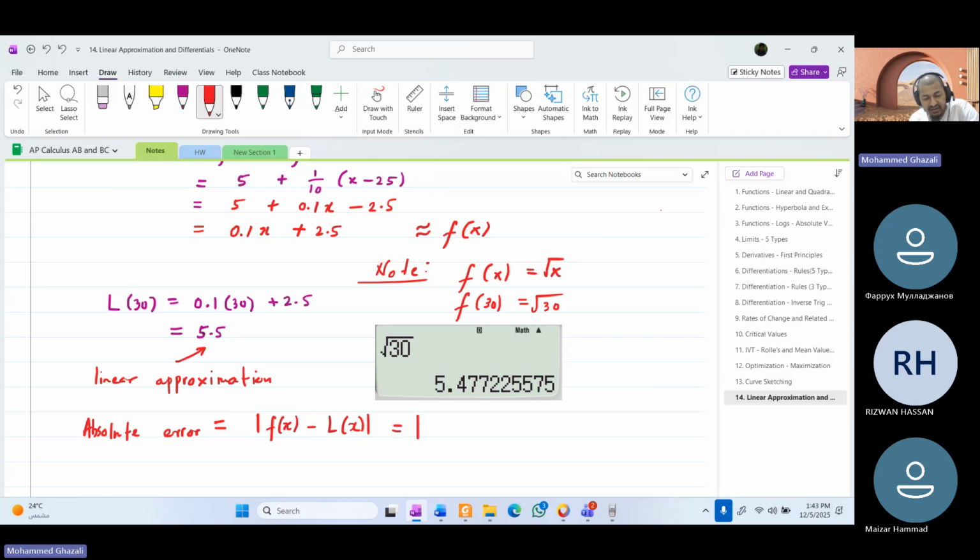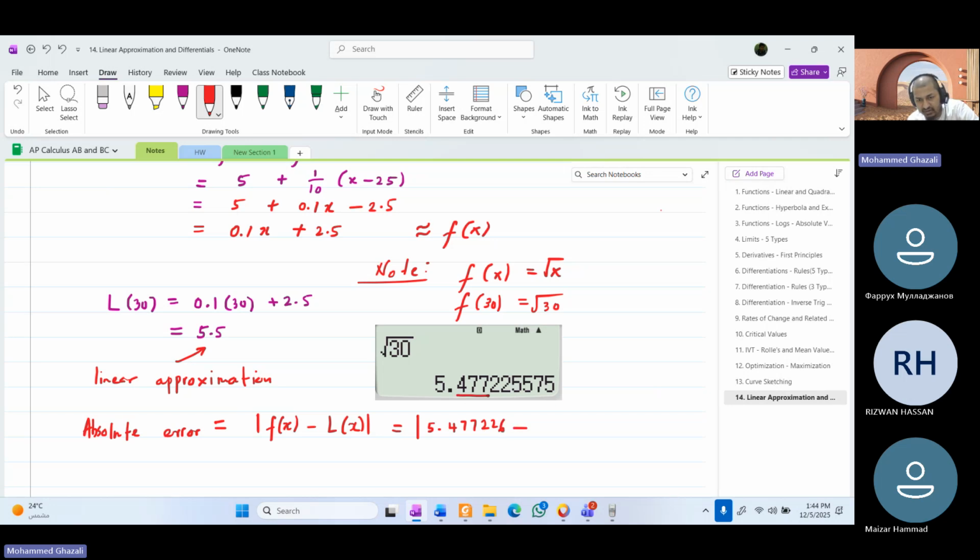So we're taking 5.5. It doesn't matter whether you take that minus that because you're taking the absolute value, right? So in this case, it's 5.477 minus 5.5.